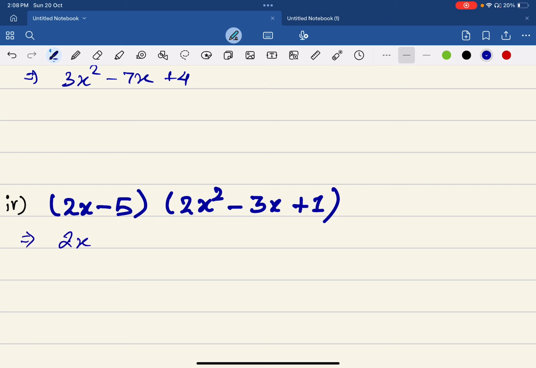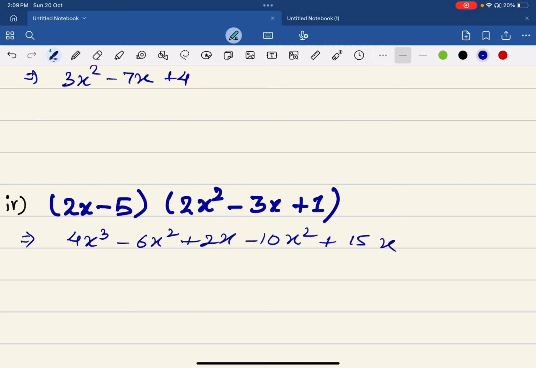It will become 4x cube, 2 3 just 6x square minus 2x minus 10x square plus 15x, okay, 4x cube minus 6x square minus 10x square.